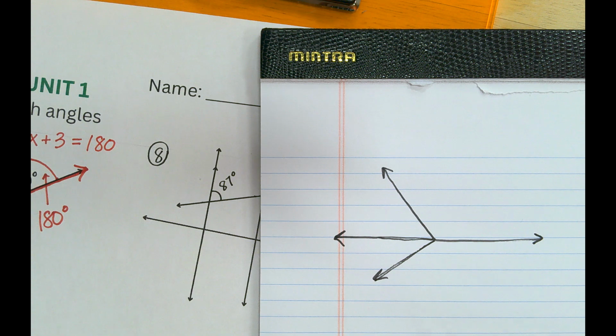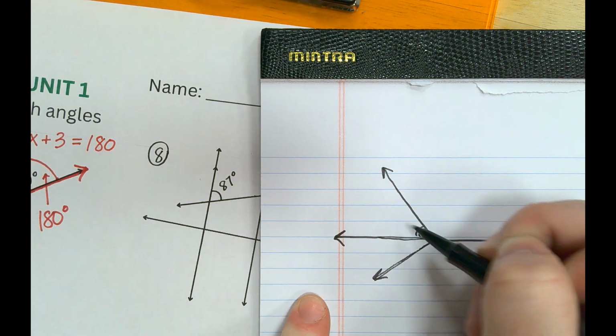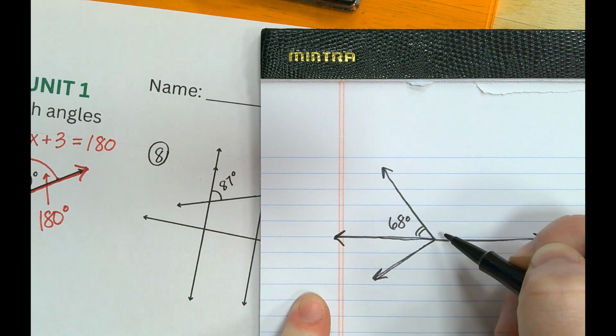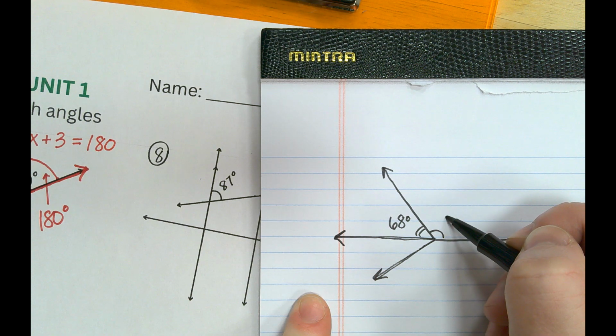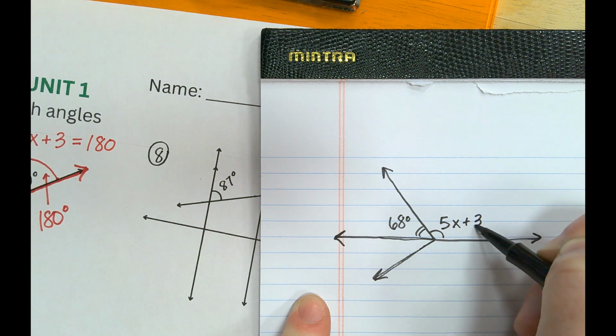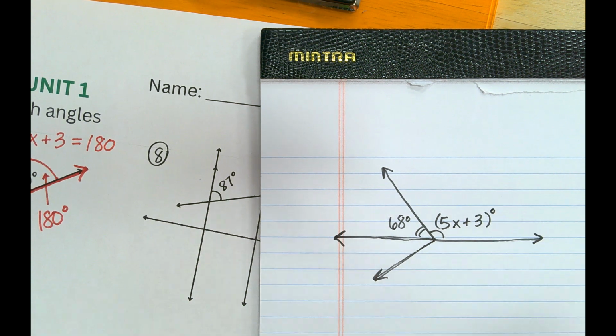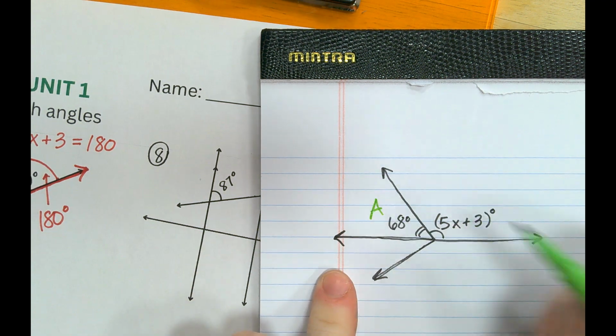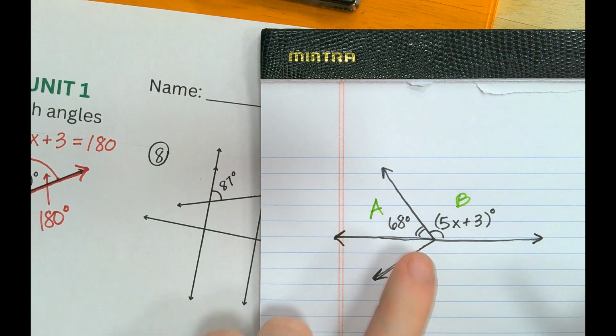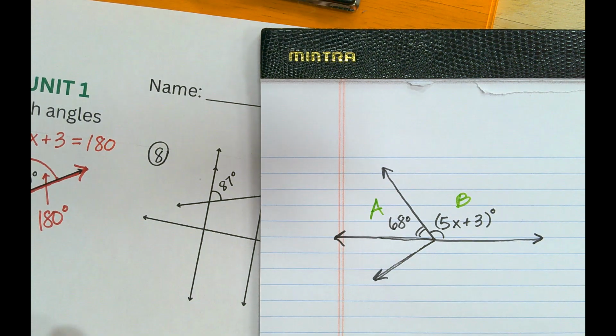We really don't need it. I've got 68 degrees, and then this one is 5x plus 3 degrees. Instead of worrying about the number values, let's just call these angle A and angle B. So here's A, and here's B.